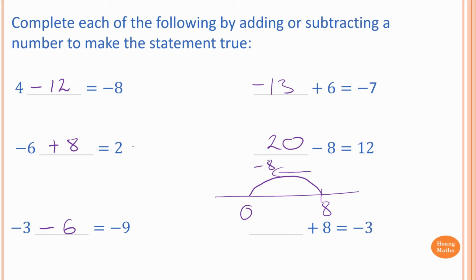And then to get -3, you move another 3 units to the left. So that means -8 minus 3. So you just go 8 plus 3 or 3 plus 8 is 11. So the answer is -11. So minus 11 plus 8 is -3.